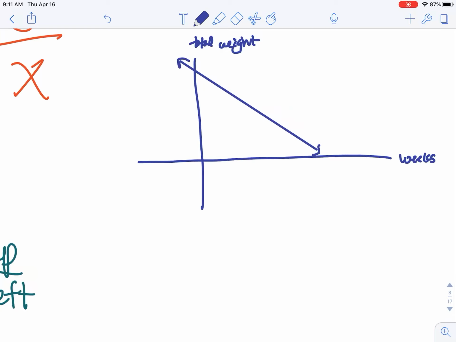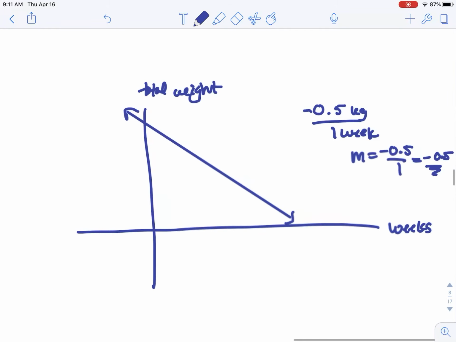And you told me that he lost 0.5 kilograms per 1 week. That means your m was negative 0.5 over 1, or the same as just negative 0.5. Your m, your slope, was negative. Your graph had a decreasing slope. It was a negative slope.